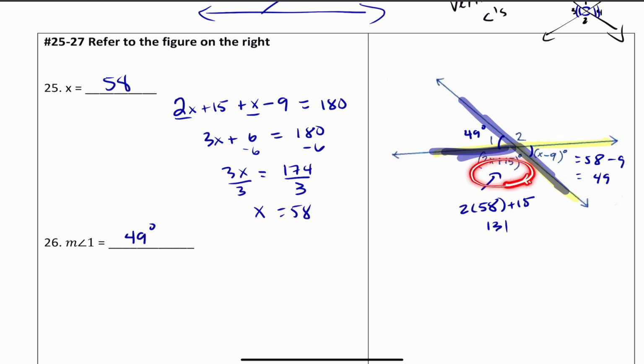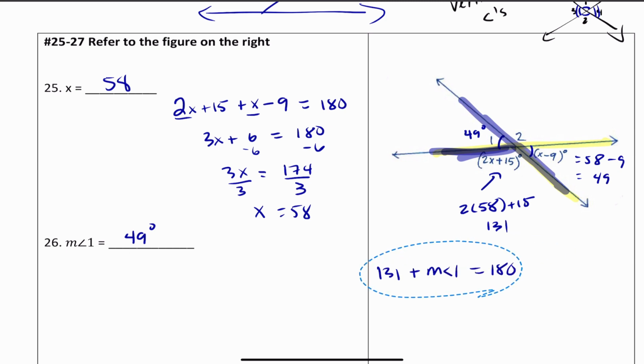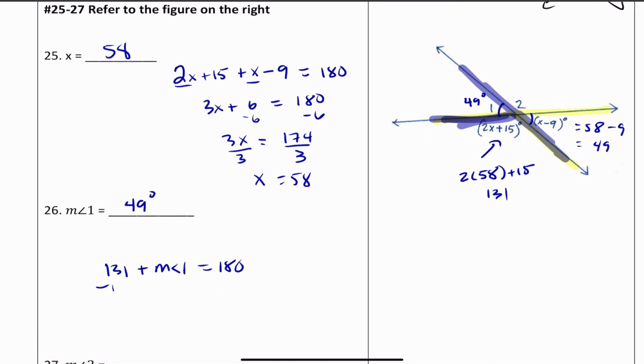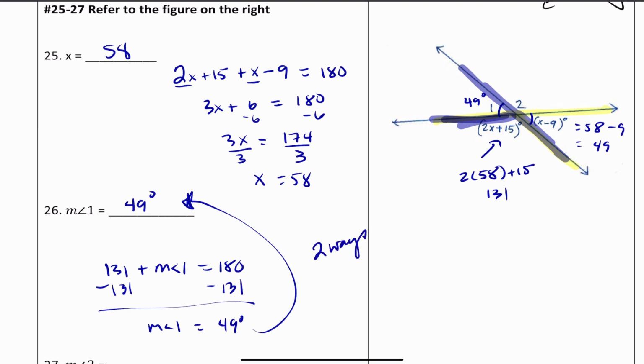If this is 131, I do 131 plus the measure of angle 1 equals 180. Then I subtract 131 from both sides. So the measure of angle 1 is equal to 49 degrees, which I have here. Okay? So there are just two ways that you can do this problem.